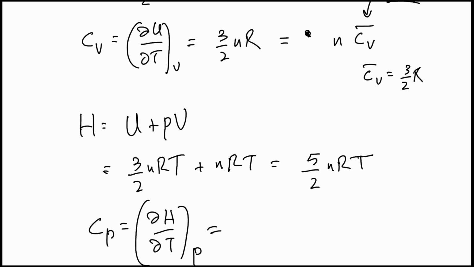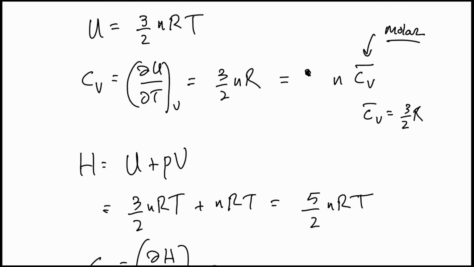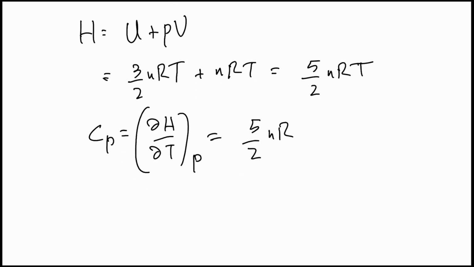For the van der Waals gas, there's some V that shows up here, right? And for the van der Waals gas, there are some P's that show up in H, okay? So you have to hold those constant. But here there aren't any. So we get 5 halves nR. And so CP bar is 5 halves R. So CP bar is actually equal to CV bar plus R.